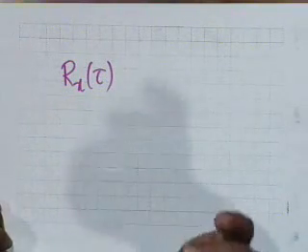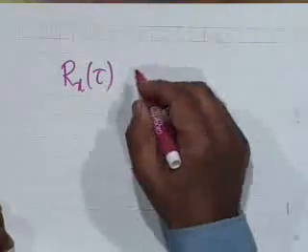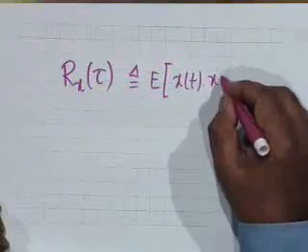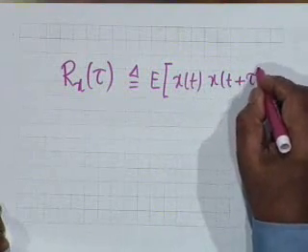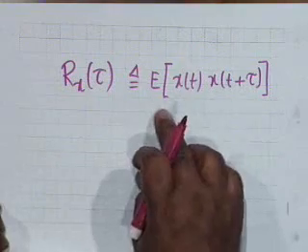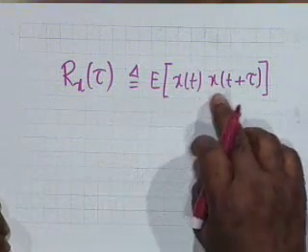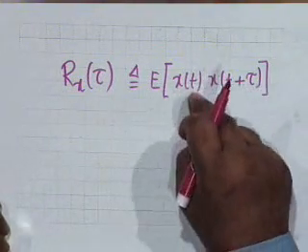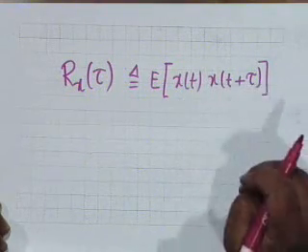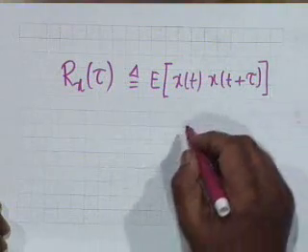Otherwise, we should have written Rx of T1, T2. Rx of tau, therefore, is defined as E of x of t, where small t is arbitrary, times x of t plus tau. So, it is the expected value of x of t times x of t plus tau. T could be small t, could be t1, then this is t1 plus tau. Does it matter if we write t minus tau?